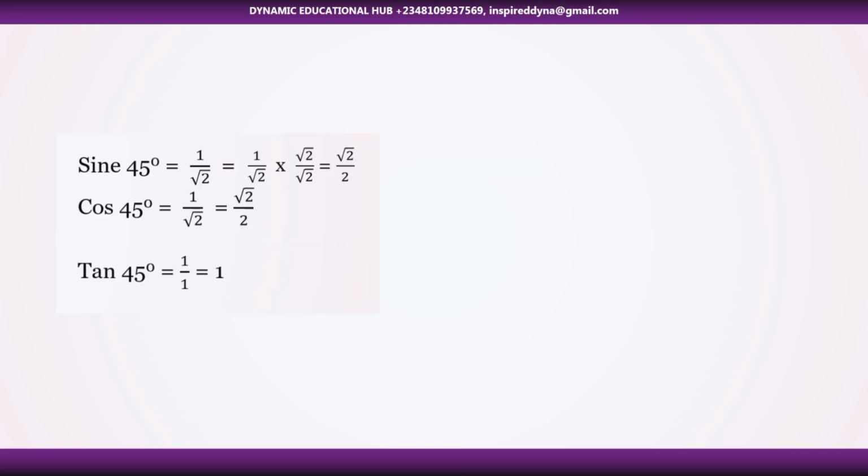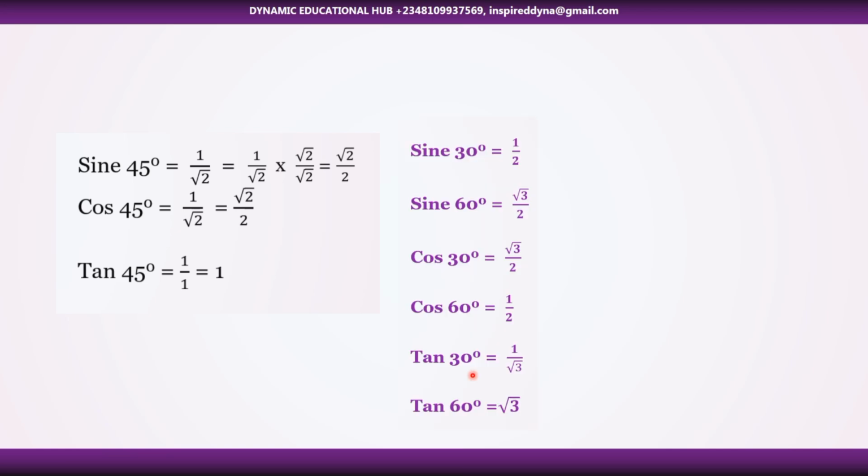Here is a quick recap of what we have learned so far. We were able to get the surd form of sine 45, cos 45, and tan 45 using an isosceles triangle. Thereafter, we were able to get the surd form of tan 60, tan 30°, cos 60, cos 30°, sine 60, and sine 30° using an equilateral triangle.